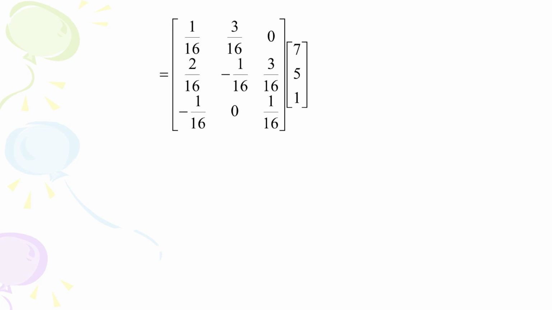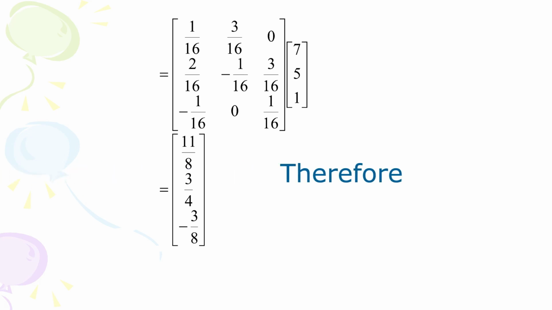Insert the 1 over 16 into the 3 by 3 matrix and then multiply. You will get the matrix 11 over 8, 3 over 4, negative 3 over 8. This is the value of x, y, and z.